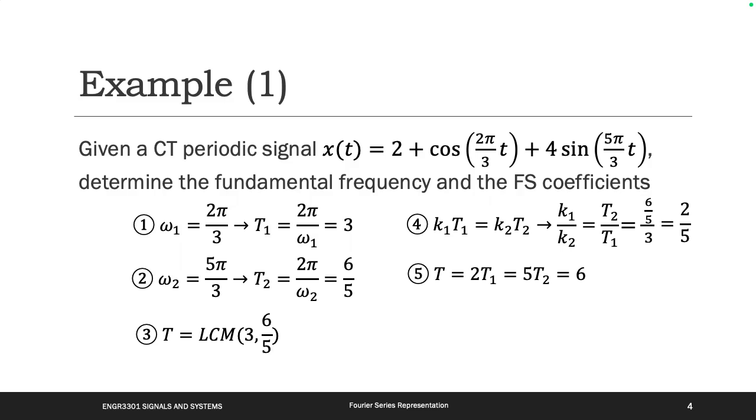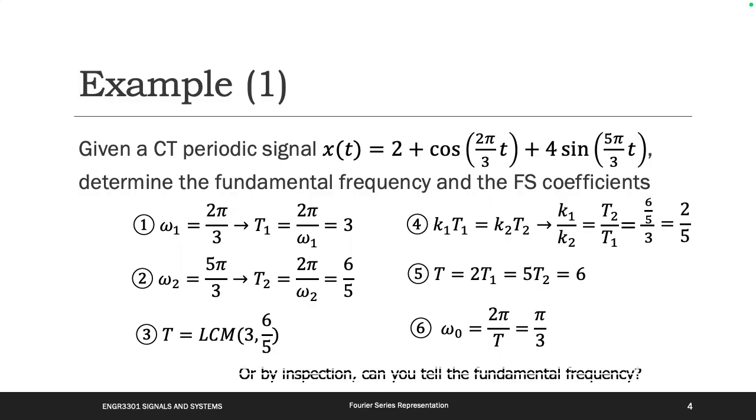Which means omega naught, 2 pi over T, is pi over 3. If you cannot easily find the rule, just use this method, and by inspection you can easily tell this is pi over 3.